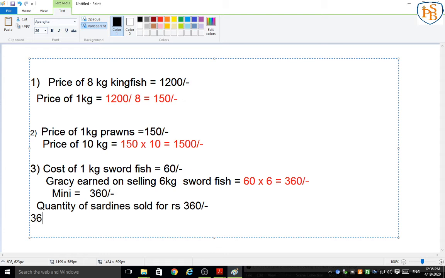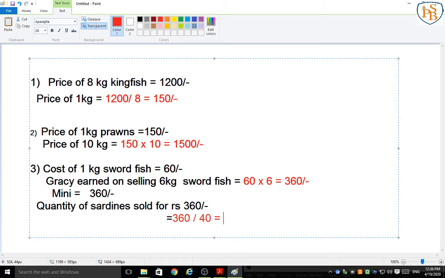How can you find out? Suppose per kg we are giving 40 rupees. Then total I have 360, so the answer is 360 divided by per kg. What is the cost of per kg? It is 40 rupees.